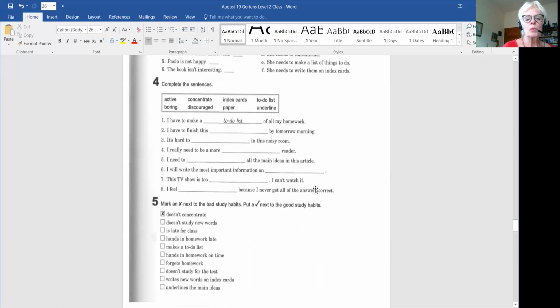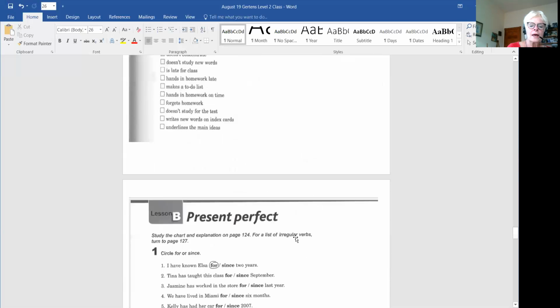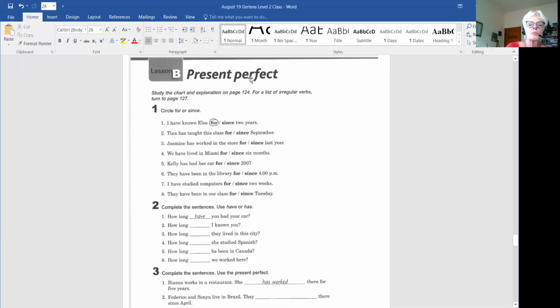And then we used our words to fill in these blanks for these sentences. Active, boring, concentrate, discouraged, index cards, paper, to-do list, and underline. We ended by talking about present perfect verbs.